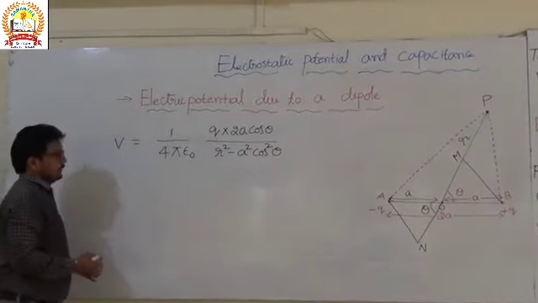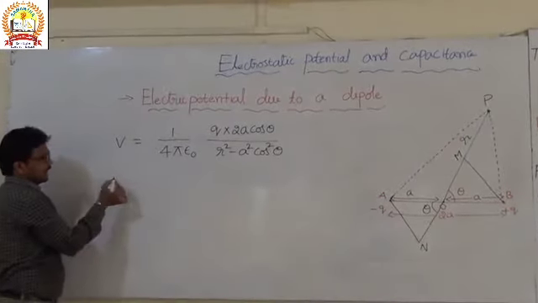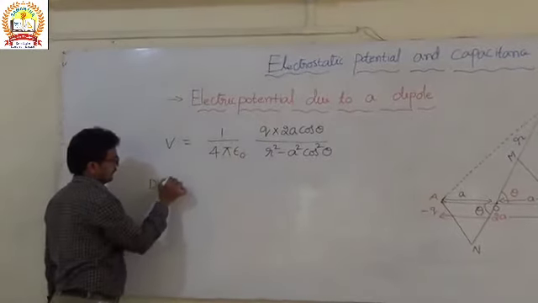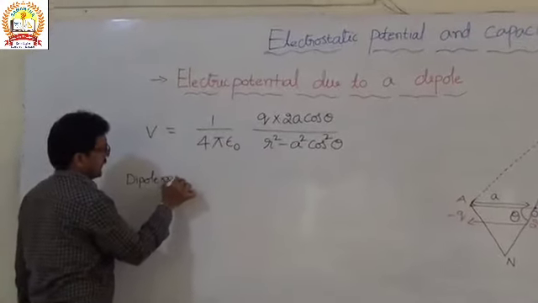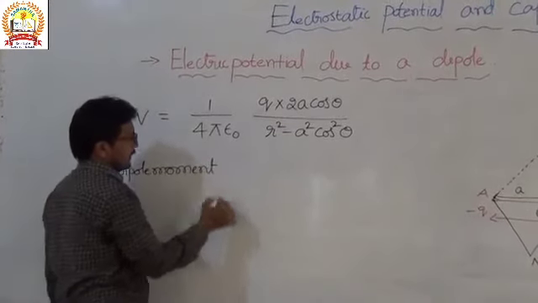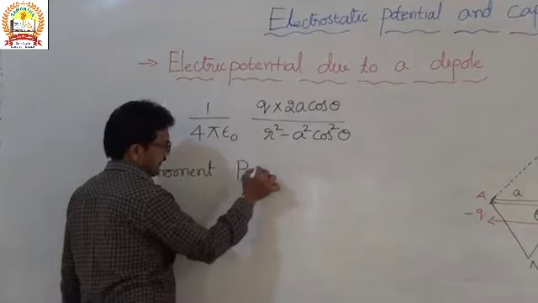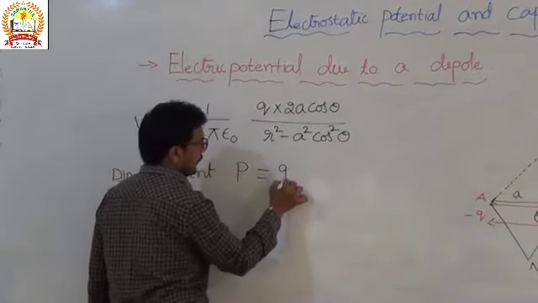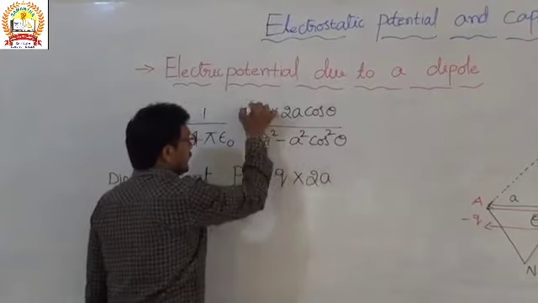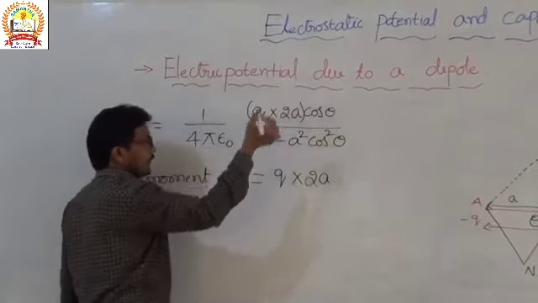And as we know, the dipole moment P is equal to Q into 2A. So we can substitute P, the dipole moment, in place of Q into 2A.